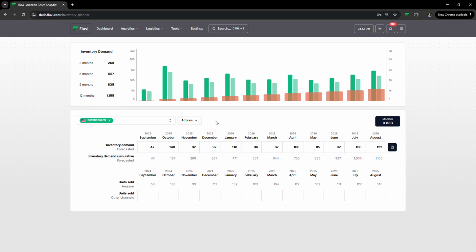To get the number forecasted, we're looking at both seasonality and trend. To get the seasonality, what we do first is compare the current month or the month ahead with the same month 12 months ago. That's the seasonality factor.